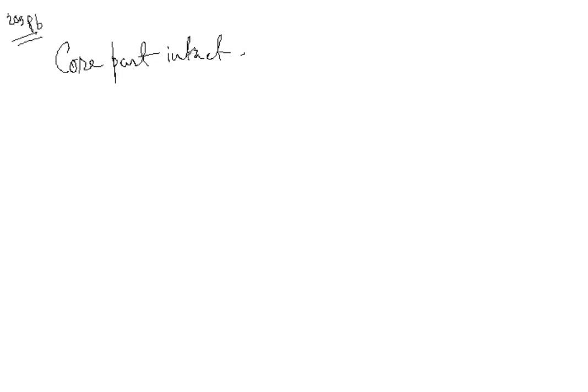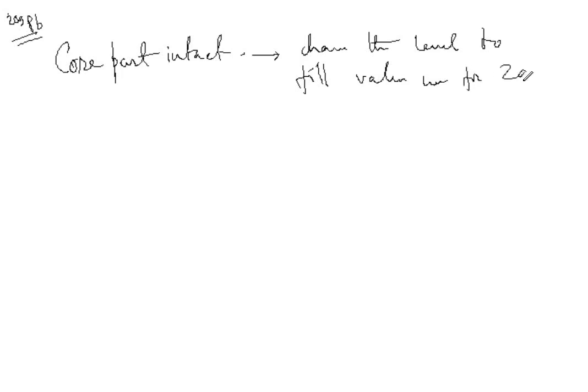I can keep the core part intact and change the level to fill the valency neutron. You understood this part. We can change the level to fill the valency neutron from 2g9 to another state.